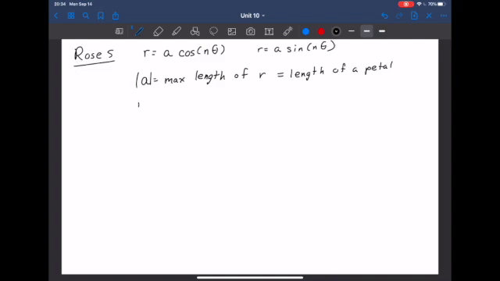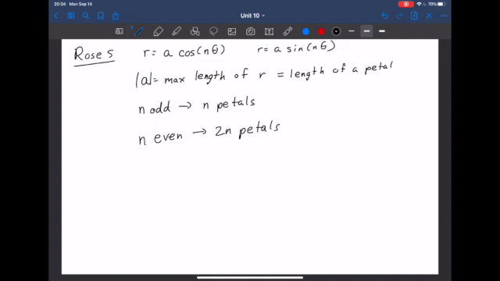If n is odd, we'd have n petals. If n is even, we'd have 2n petals.